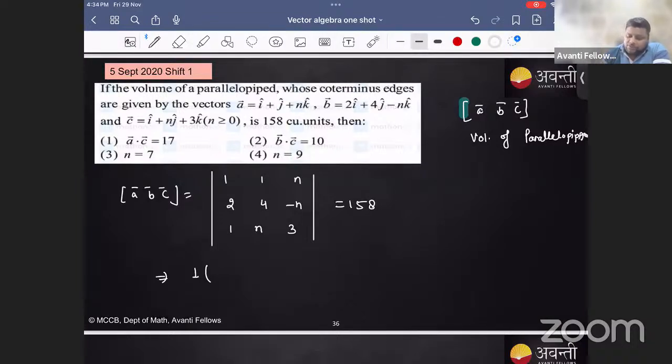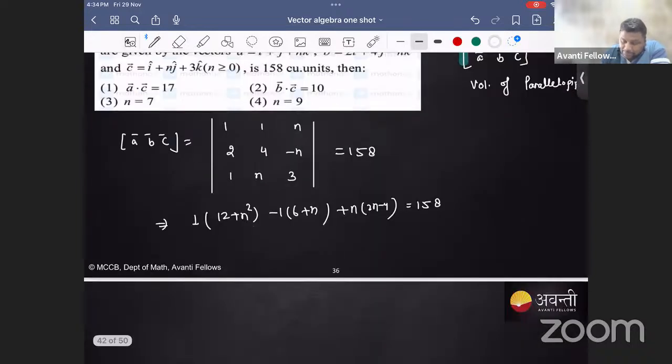Fine, but I'm not using it right now. We'll see later on. So it is one time 12 plus n square minus one time 6 plus n plus n times 2n minus 4. This is given as 158. So 12 plus n square minus 6 minus n plus 2n square minus 4n is 158.